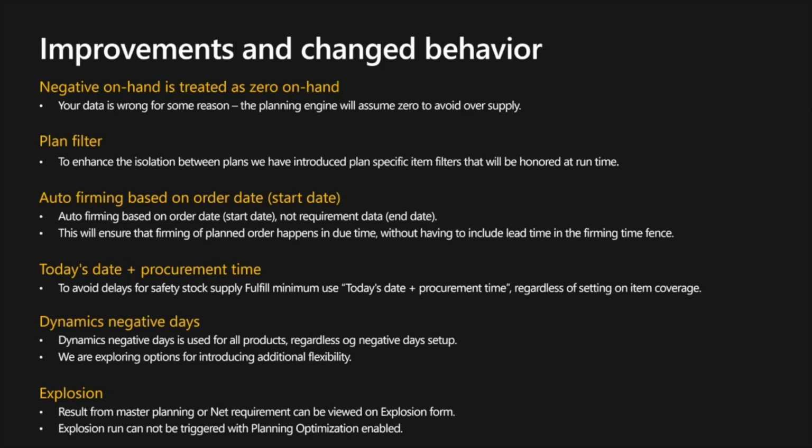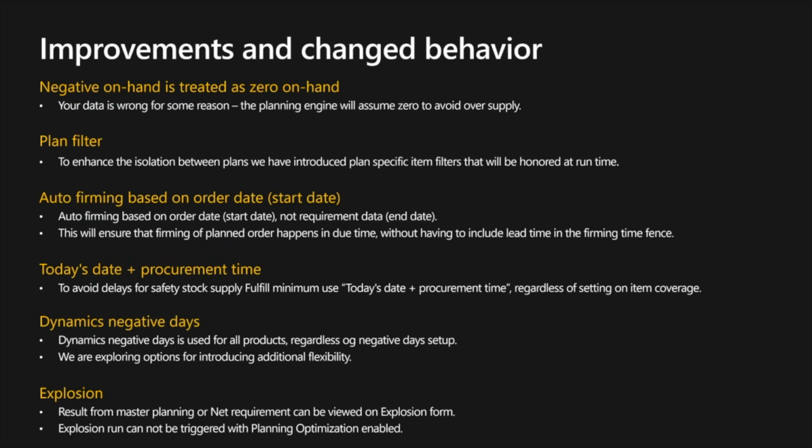So maybe at 10 a.m., you would have minus 20 because you actually sold something that you don't have registered in the system yet. But of course, you don't have minus 20. It's not possible. And due to this, the planning engine, if you run it at that point of time before you get it registered, will not try to replenish the minus 20. It will assume that it's due to an error. So it will assume zero.